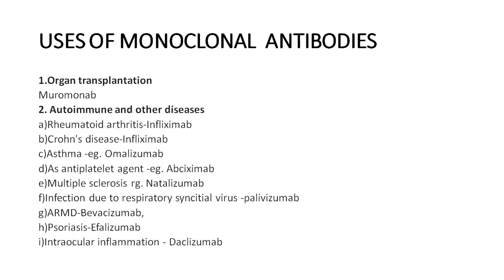So, uses of monoclonal antibodies. For organ transplantation, we use muromonab. For autoimmune and other diseases, like rheumatoid arthritis, we use infliximab. For Crohn's disease, we use infliximab. For asthma, omalizumab.